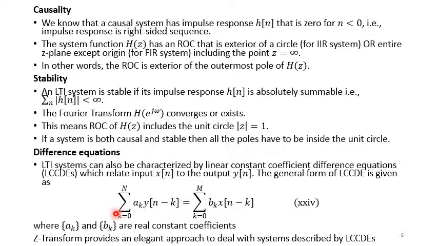We can represent an LTI system by using a linear constant coefficient difference equation, such as this one, where a_k and b_k are real constant coefficients. The Z-transform also provides an elegant approach to deal with systems described by the linear constant coefficient difference equation, which we will see on the next slide.